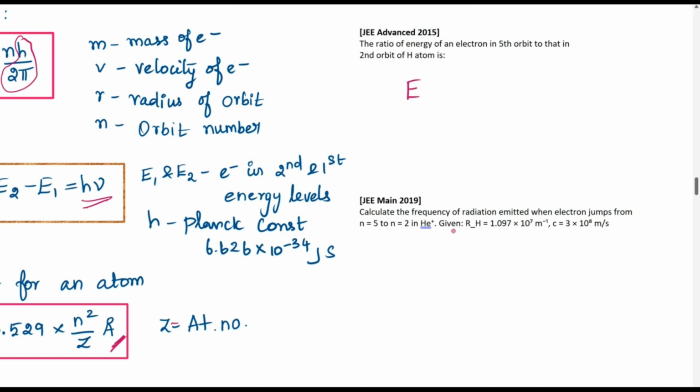So energy is equal to, I'm giving you the new formula for this kind of question, minus 13.6 by n square, which is in the unit of electron volt. Okay, so what is the energy change over here from fifth orbit to second orbit? So you can substitute it.